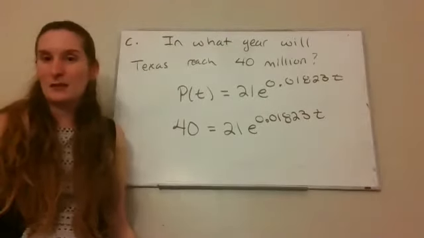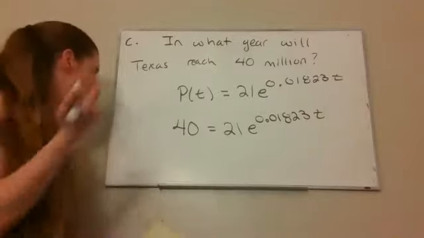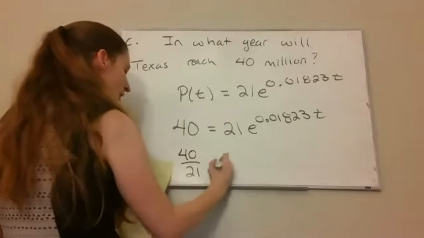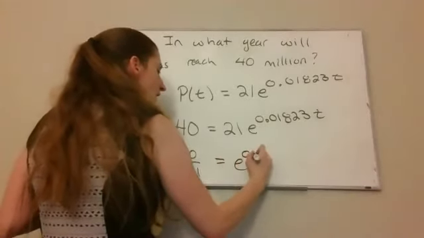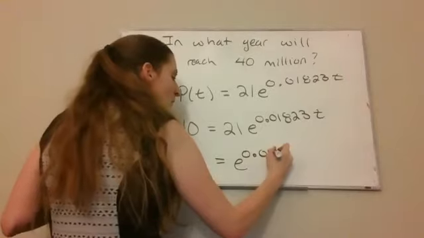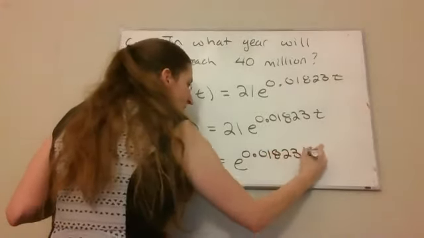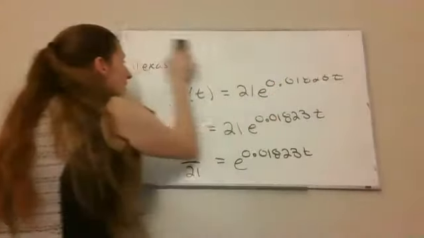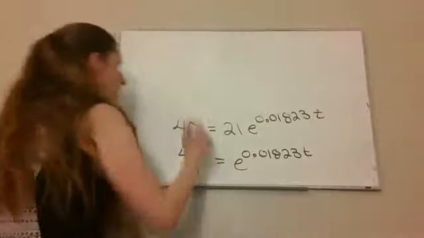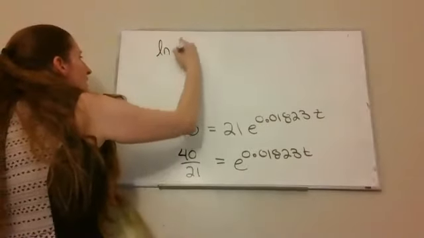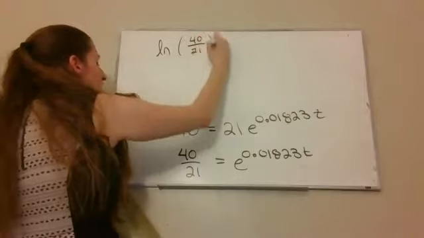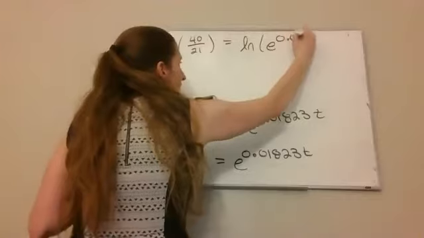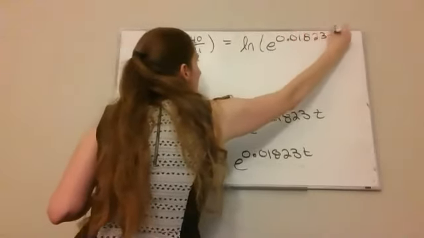This is just an exponential equation, and we know how to solve those. Start by dividing both sides by 21. I get 40 over 21 equals e to the 0.01823 t. Now I can take a natural log of both sides and get natural log of 40 over 21 equals natural log of e to the 0.01823 t.